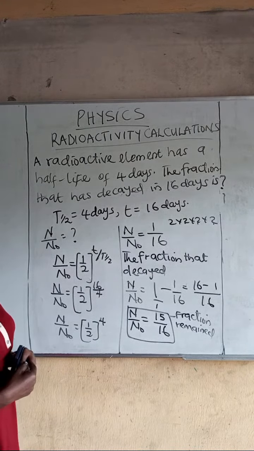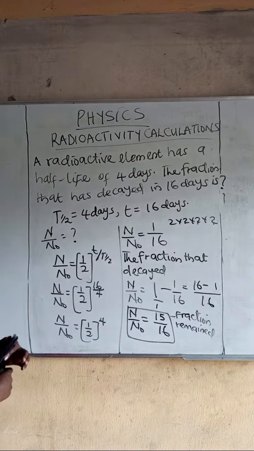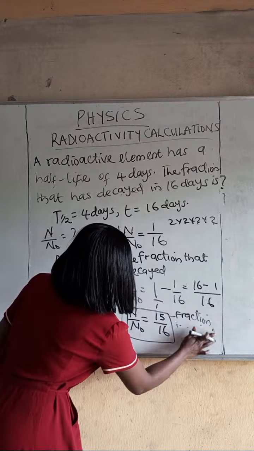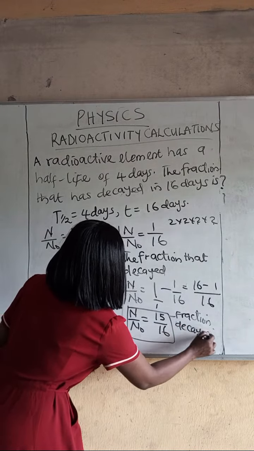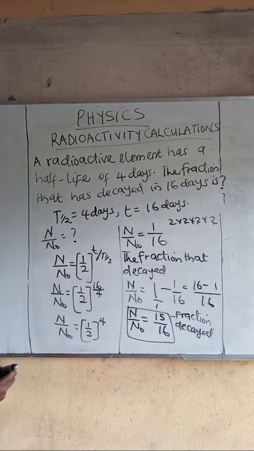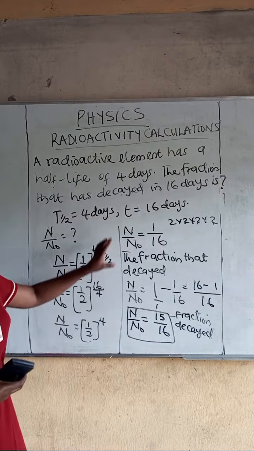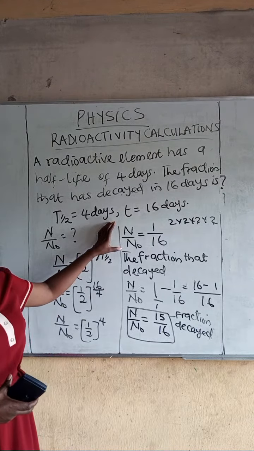Okay? Do you understand? Now let me explain again. If you are asked to find the fraction that decayed, you are going to solve with our formula. Whatever we have is not the fraction that decayed.